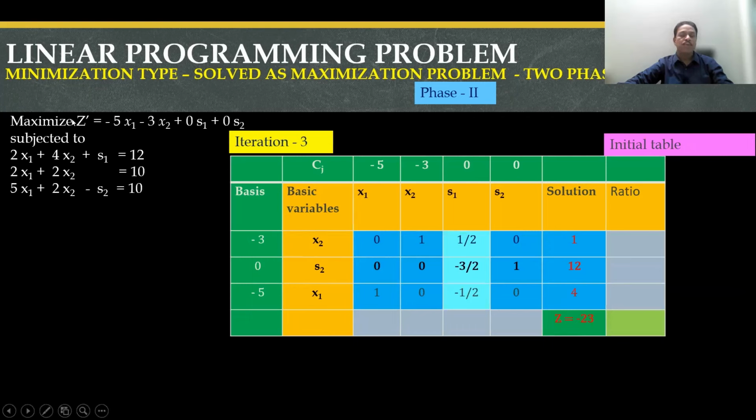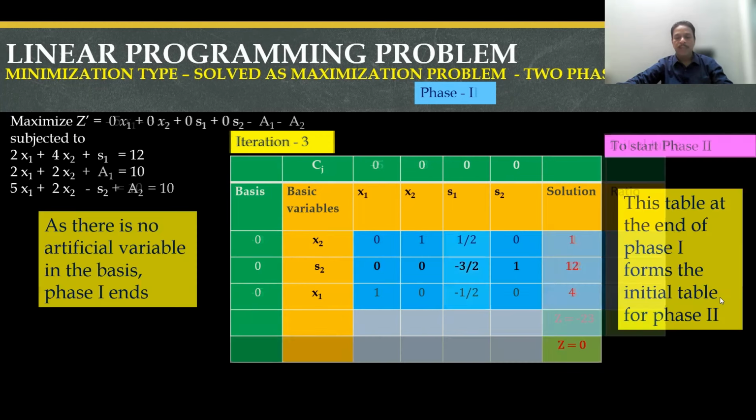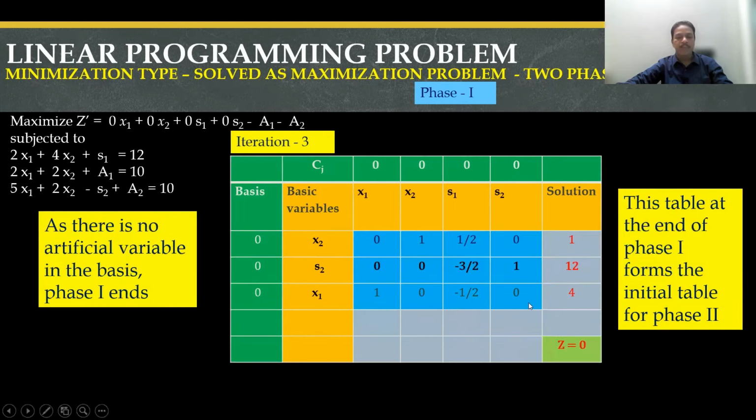The objective function is now maximize z dash is equal to minus 5x1 minus 3x2 plus 0s1 plus 0s2. So for x1 we will write minus 5 as the coefficient here in the Cj row, and for x2 we will write minus 3 as the coefficient here in the Cj row. And these values are obtained from the earlier table. Same values we have copied there.